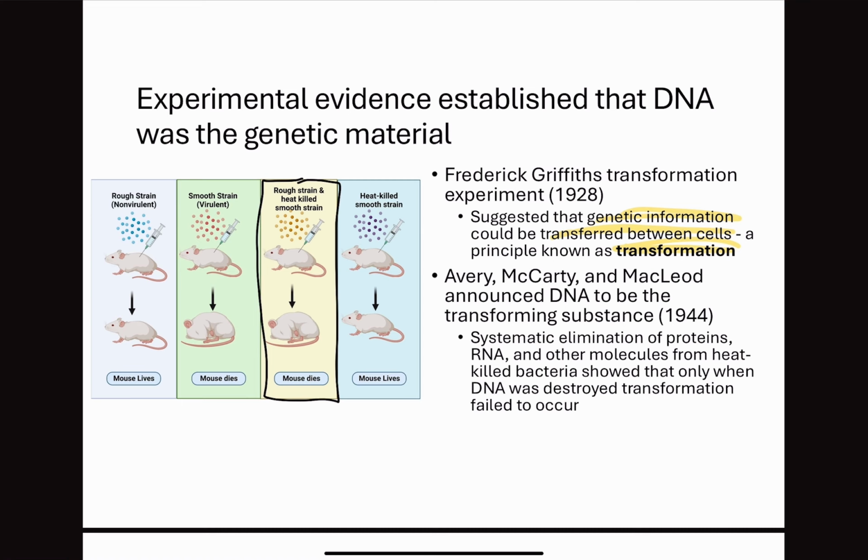After Griffith came Avery, McCarty, and McLeod. They focused on the 3 main candidates as the transforming substance: DNA, RNA, and protein. Avery broke open the heat-killed pathogenic bacteria, and then extracted all of the cellular components.